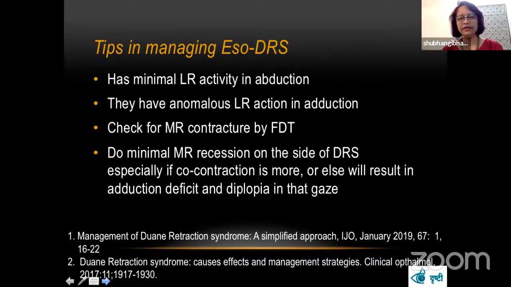Whenever there is a medial rectus contracture, we need to recess the medial rectus, but we recess the medial rectus minimally on the side of Duane's retraction, only to loosen up the tight muscle, especially if the co-contraction is more, otherwise it will result in abduction deficit and diplopia in the contralateral gaze.